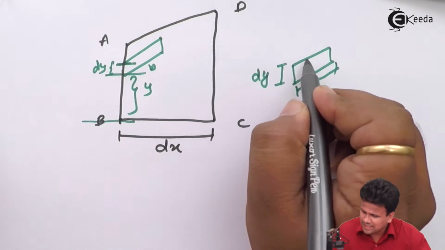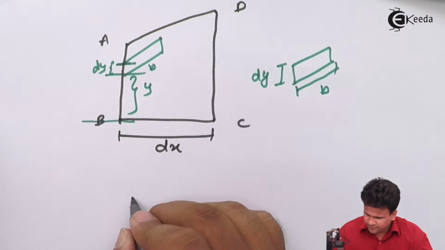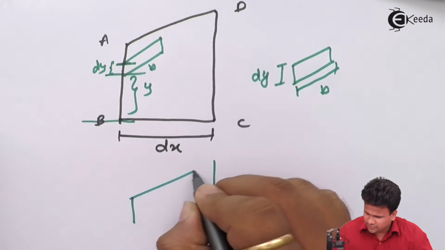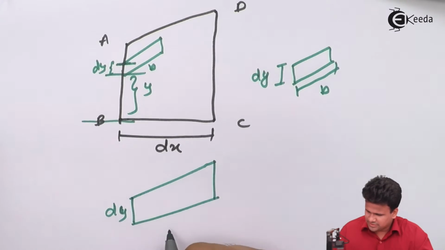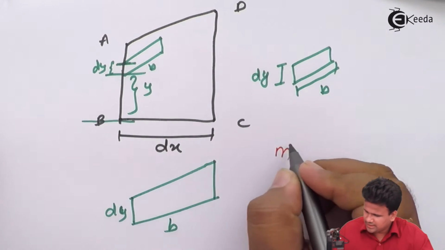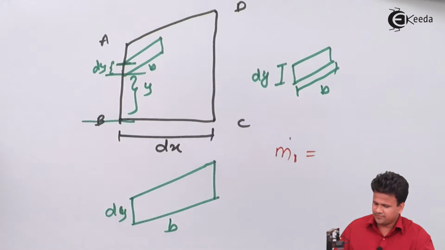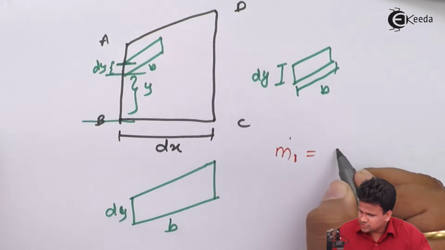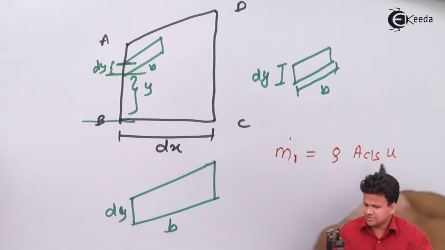So we have to calculate the mass flow rate through this entire part. So the mass flow rate will be given as m dot a, m dot 1, or whatever prefix may be used, equal to rho into area of cross section into velocity.